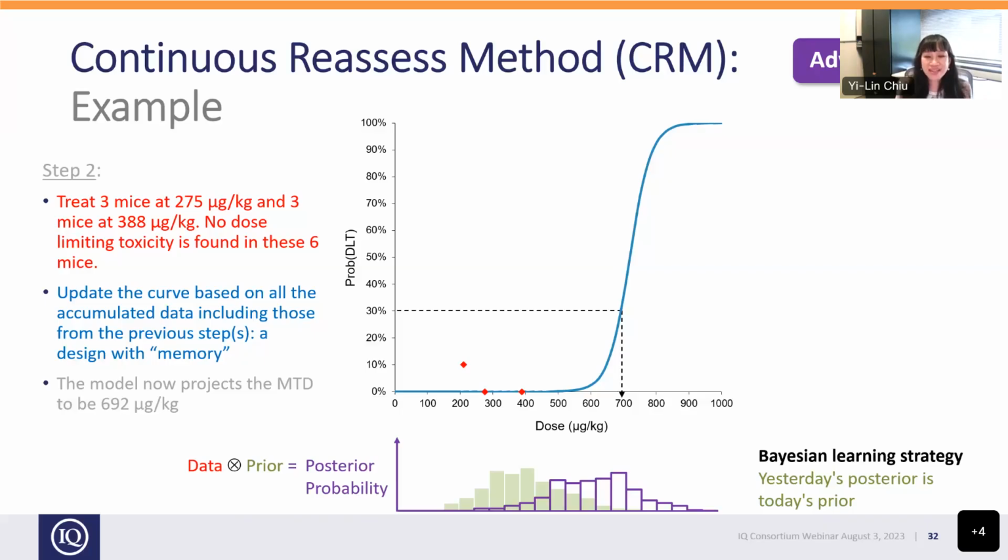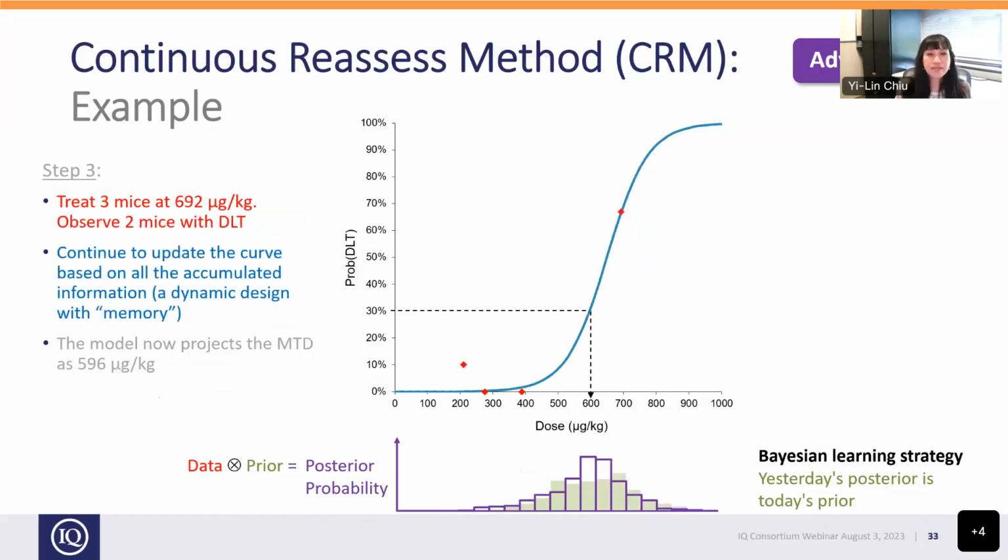But there's an artifact behind the scenes, not only monitoring the projected MTD, but also the posterior probability, because it shifts a little bit to the right, but it's a bit flat because it kind of gets a not very consistent result from the previous step, right?